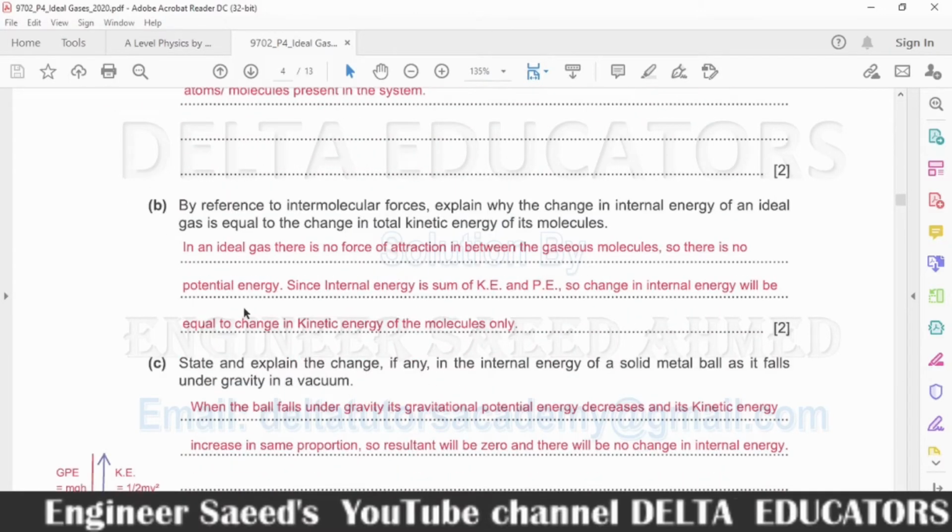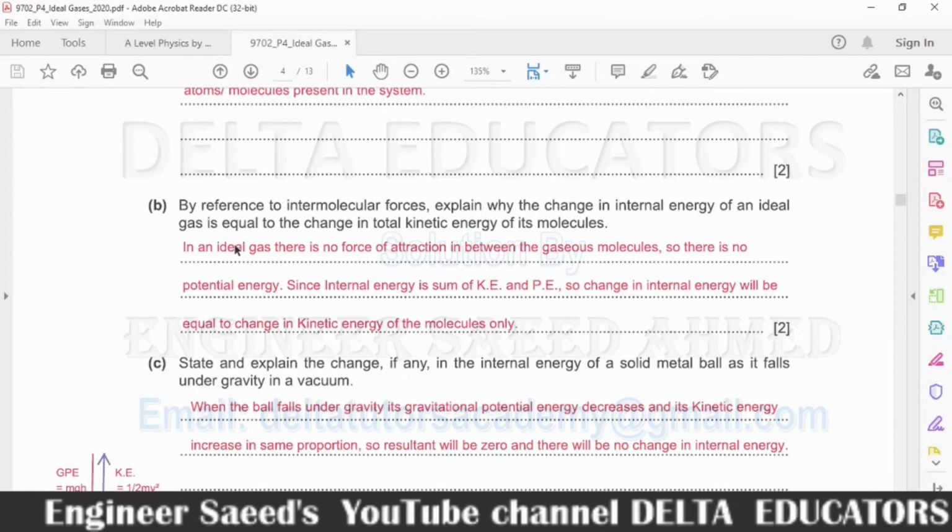Next part, part B, by reference to intermolecular forces, explain why the change in internal energy of an ideal gas is equal to the change in total kinetic energy of its molecules. In an ideal gas, we don't have any force of attraction or repulsion in between the gaseous molecules.